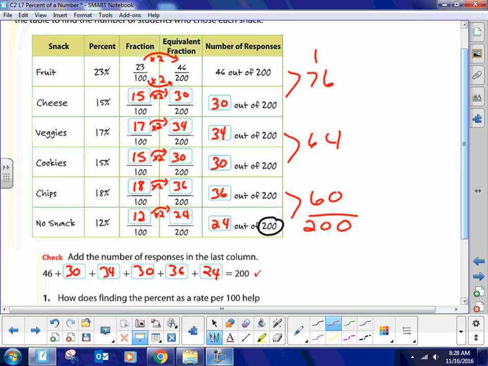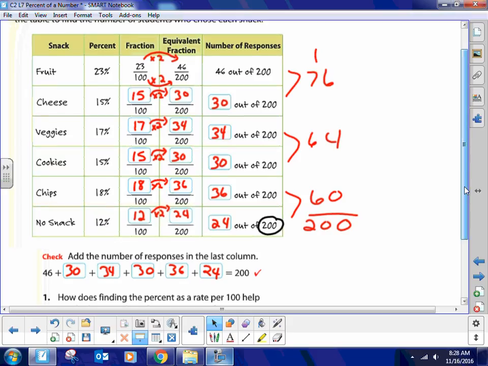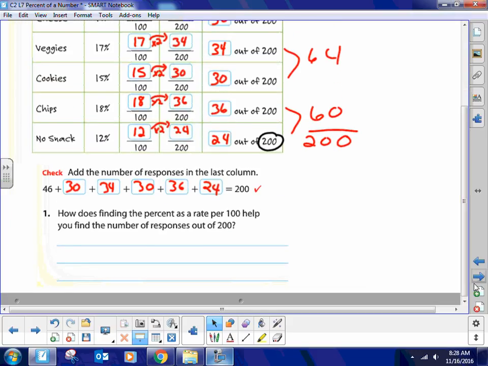This is called finding the percent as a rate per 100. That means we're still having nice whole round numbers like 100 or 200 or 400 or even 1,000, because there's no other numbers attached. It's just a single digit with a bunch of zeros at the end of it.